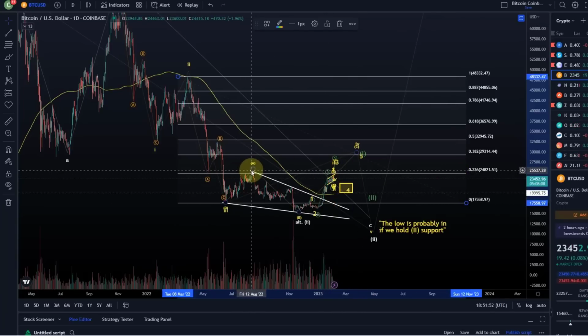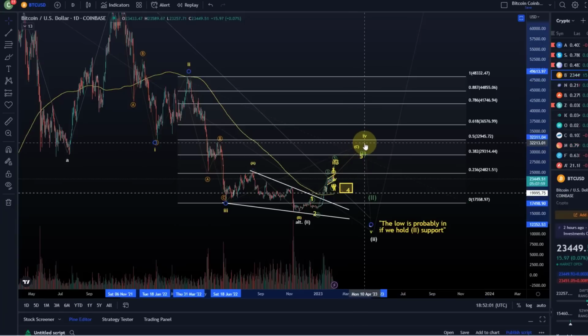So we did reach it back in August, and therefore it would not even be too unlikely to reach the 29k level, the 38.2 fib level, in a more extended wave 4, which is actually only the ideal target for a fourth wave.